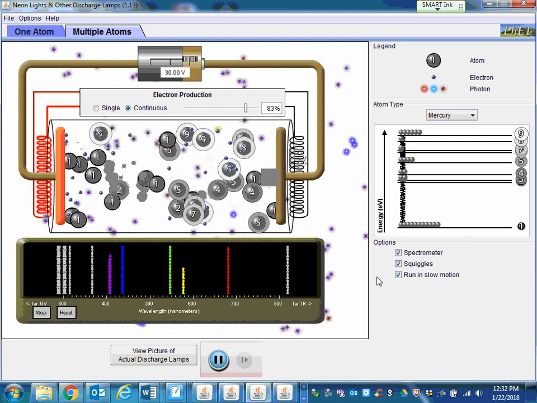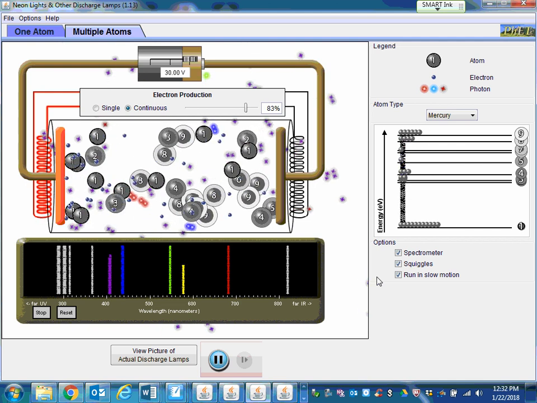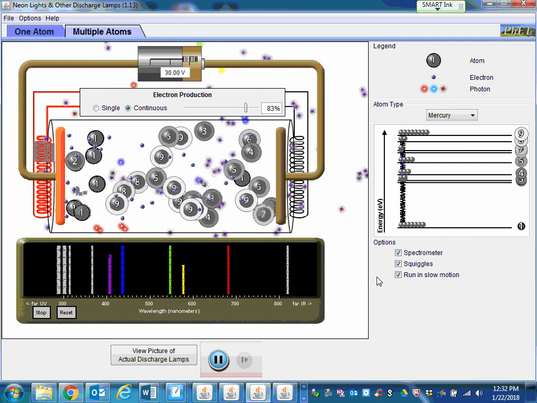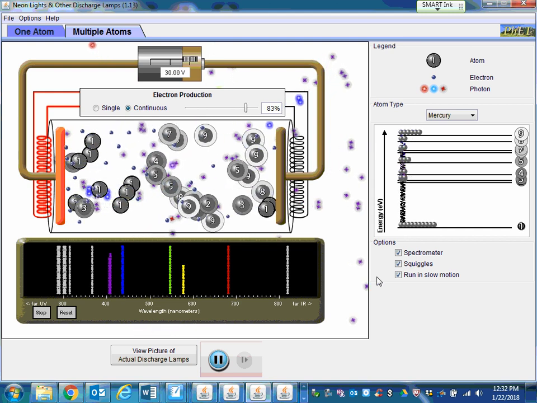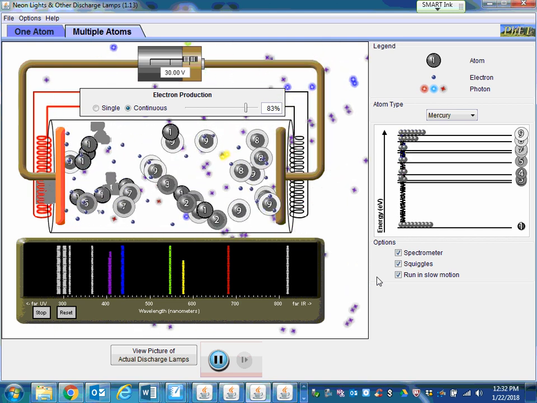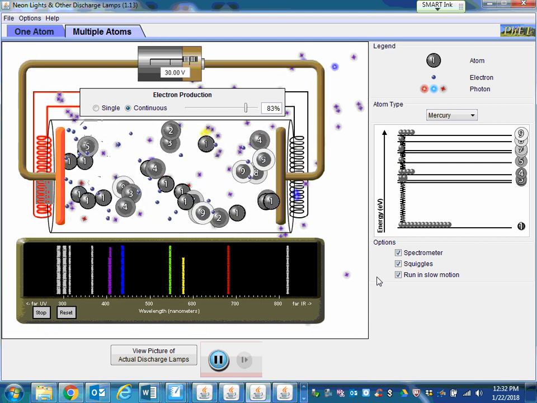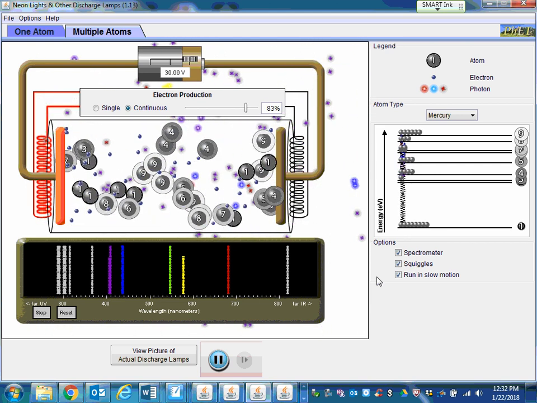Alright? So scientists know that the sun that we revolve around is made of mostly hydrogen and helium. How the heck do they know that? Because the sun is such a hot object. Nobody can go near it. So how did they determine that it's made of hydrogen and helium?